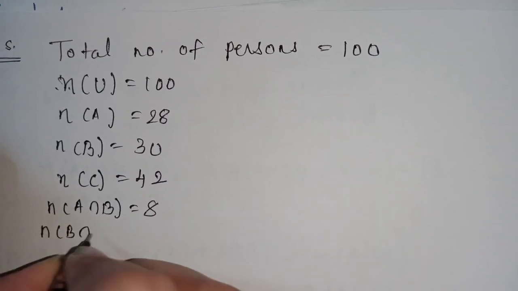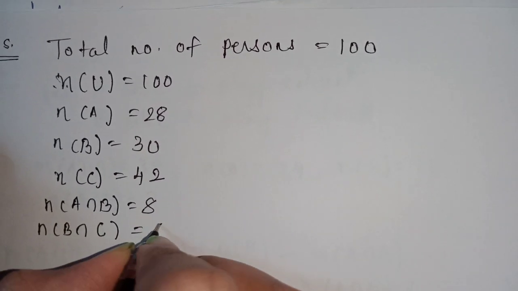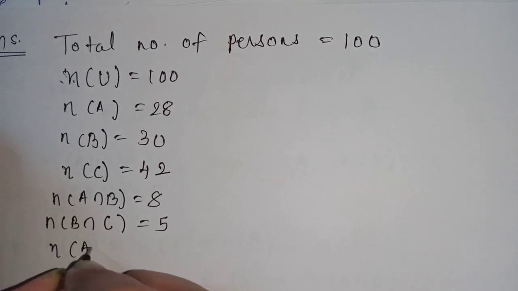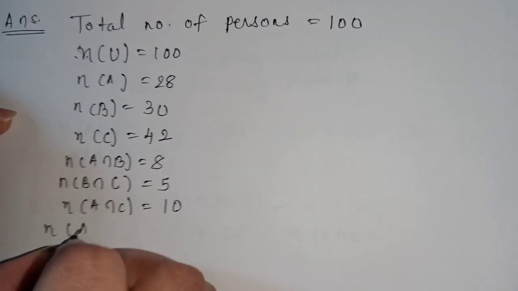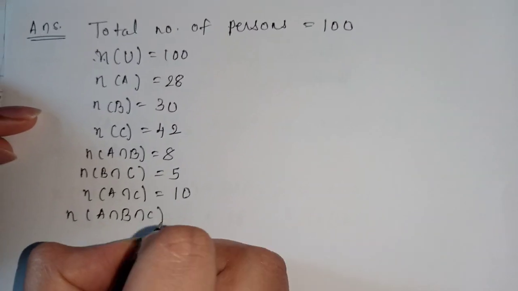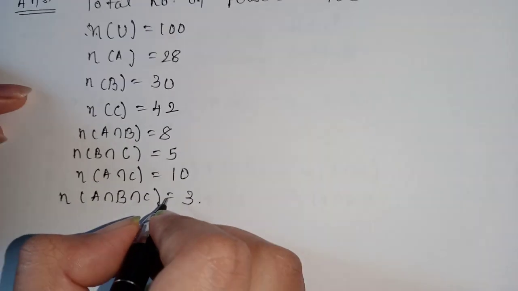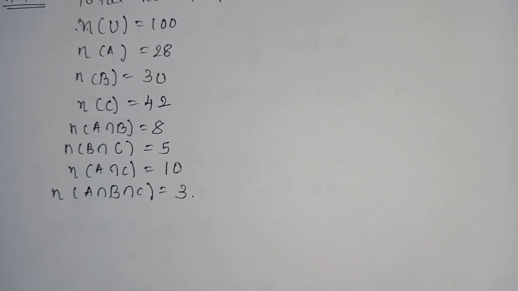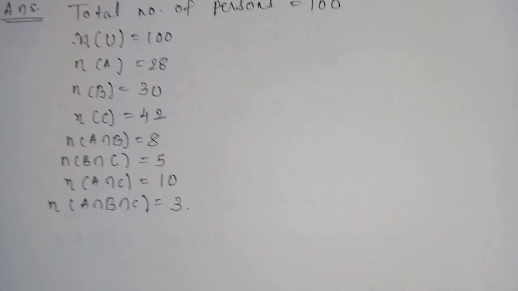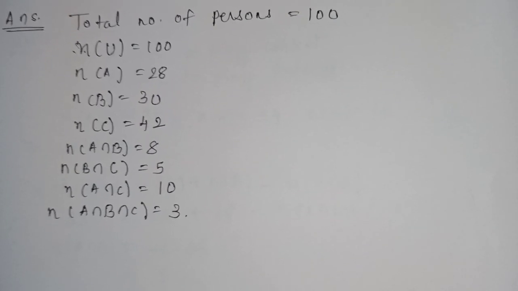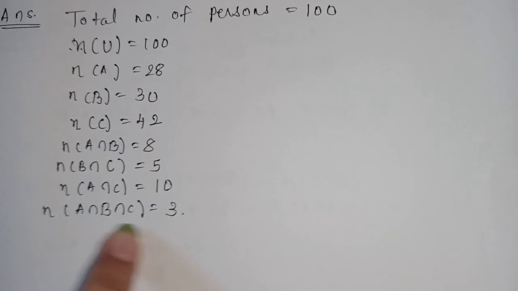Number of B intersection C is equal to 5. Number of A intersection C is equal to 10. And number of A intersection B intersection C is equal to 3, because it was given that three read all magazines A, B and C. So this is the intersection part.